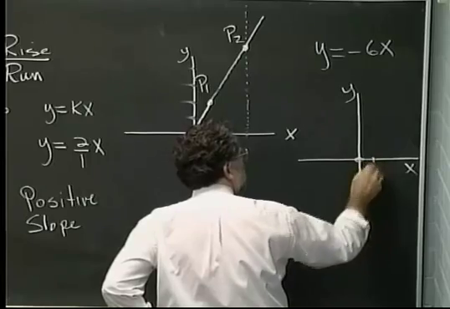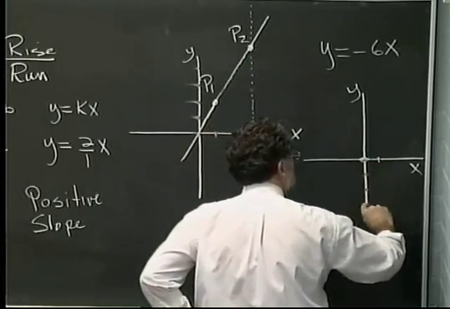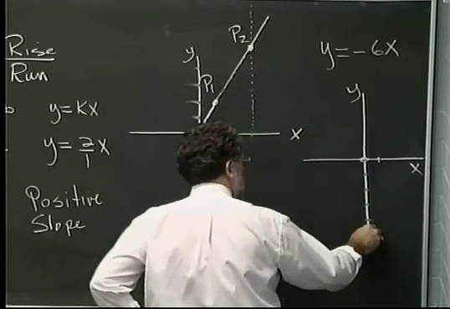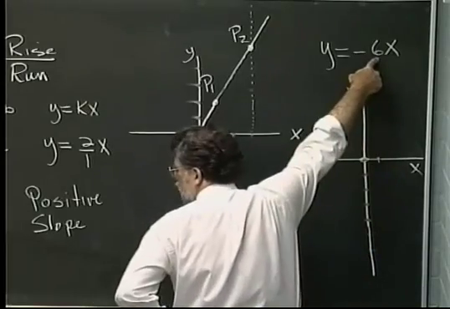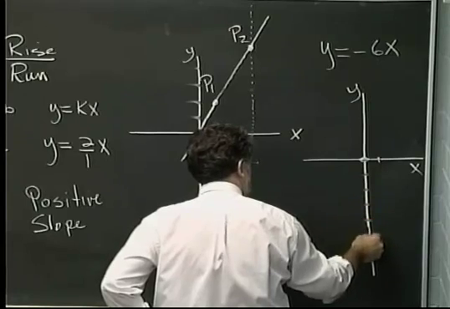And now when x is 1, I'm supposed to be at what? When x is 1, what's my value? Come on, you can eyeball that. X is 1, y is negative 6. So 1, then 1, 2, 3, 4, 5, 6.